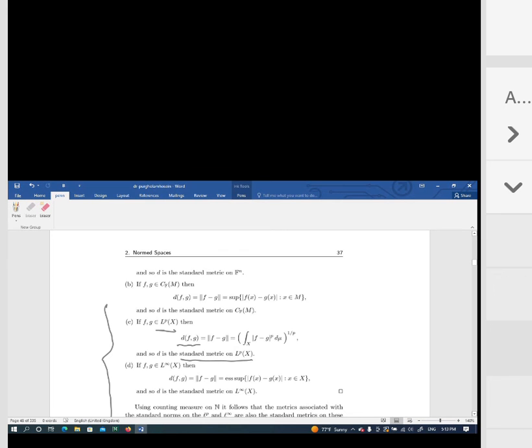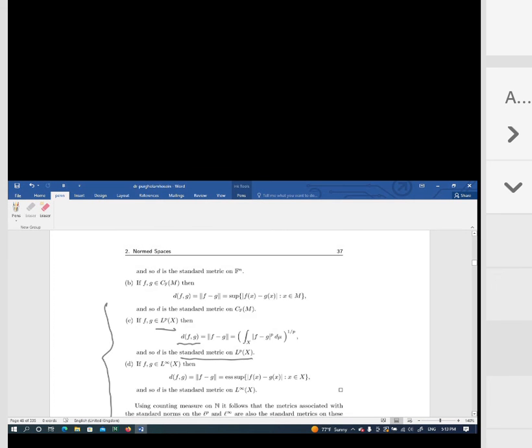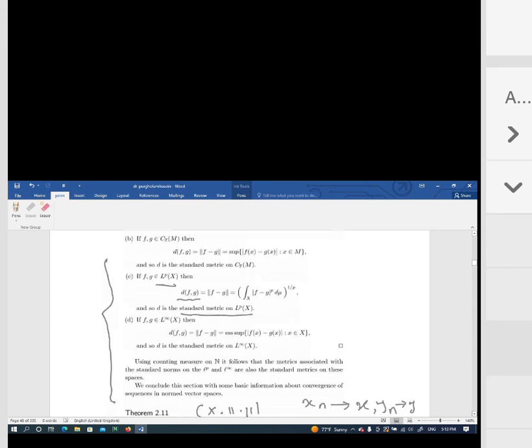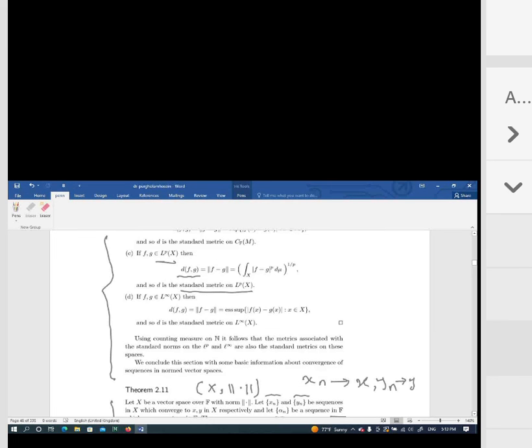The other metric spaces with standard norms are like this. Please study C and D by yourself.